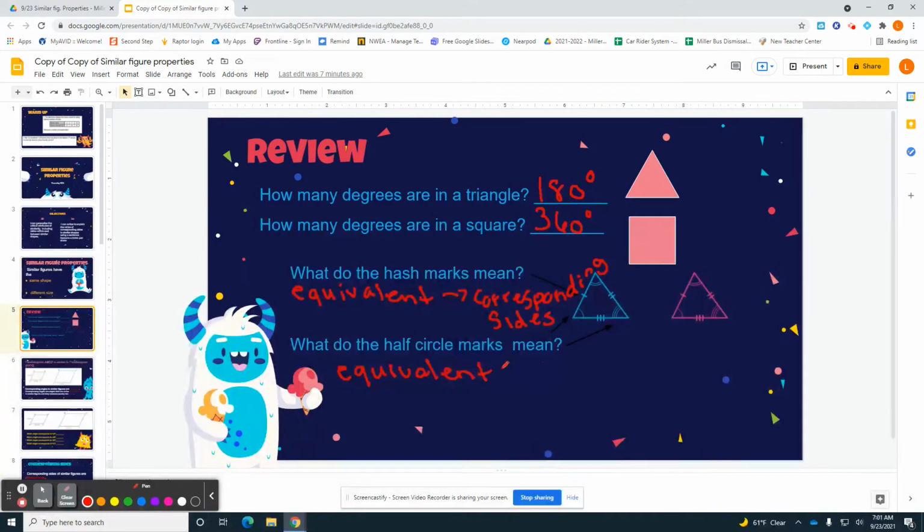Equivalent or corresponding angles. So this angle is equal to this angle, and that angle is equal to that angle. It means they're equal, they're the same.